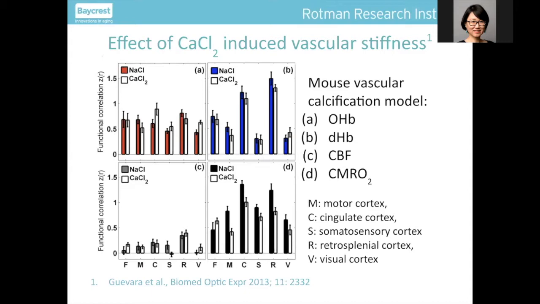But there has been a paper from Frederic Lesage's lab in Montreal, where they looked at inducing vascular calcification, so artificially introducing vascular stiffness, and then looking at functional connectivity. They see that in all the networks they looked at, functional connectivity went down due to the calcification. So there's not necessarily any neural change. This is all vascular, right?